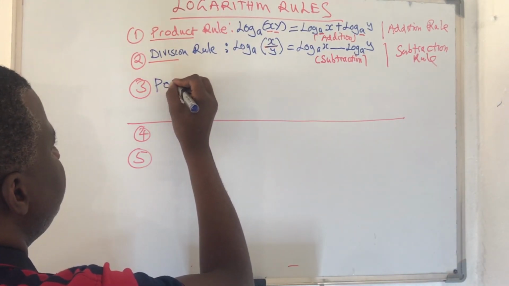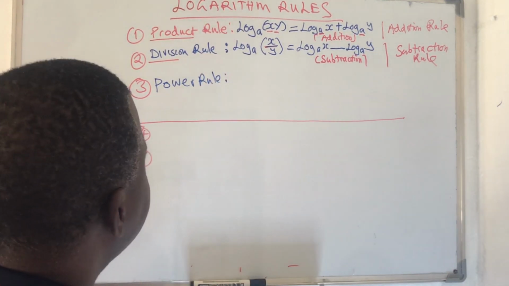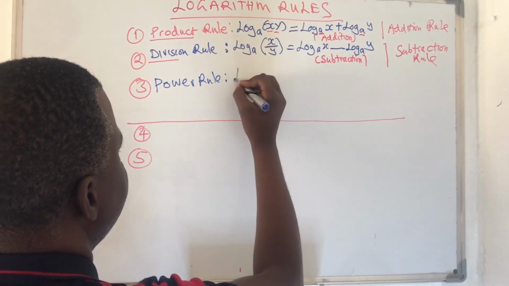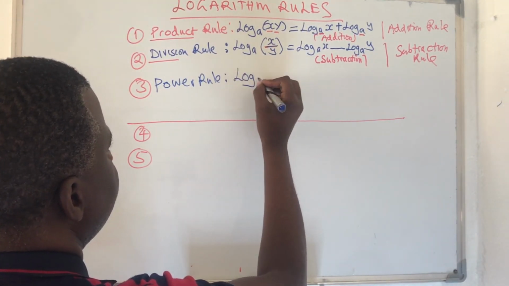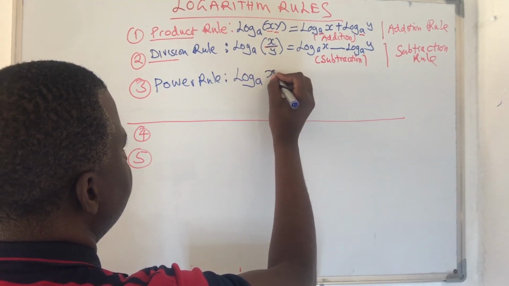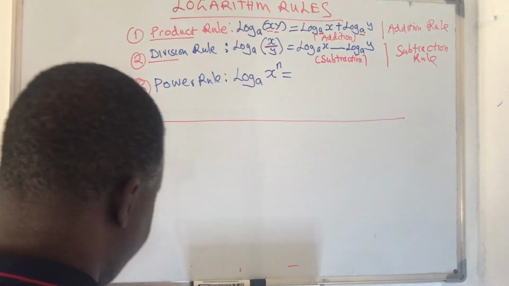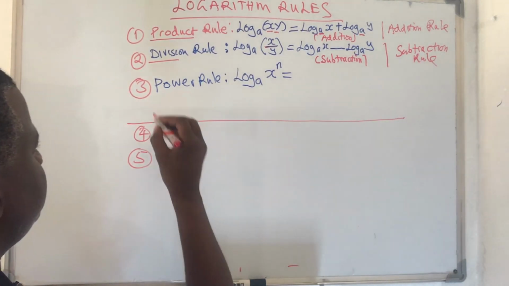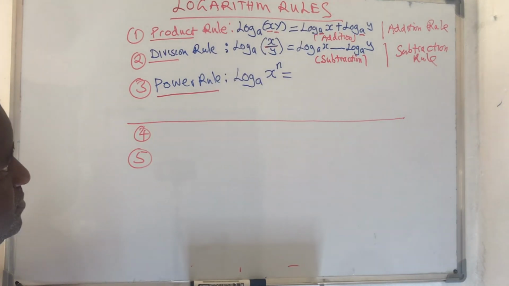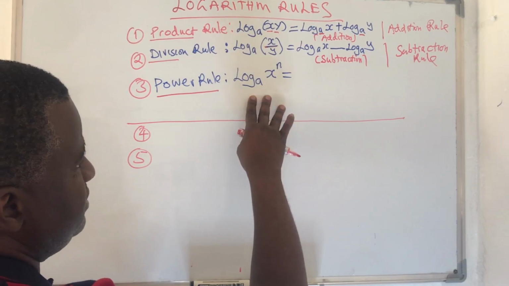The last one is the power rule. Power means that we are going to be using some exponents, isn't it? So let's say we have log of base A of x to the power n. So now we have a power. No wonder this one is called the power rule, because we have a power, isn't it? What this law says is very, very simple.